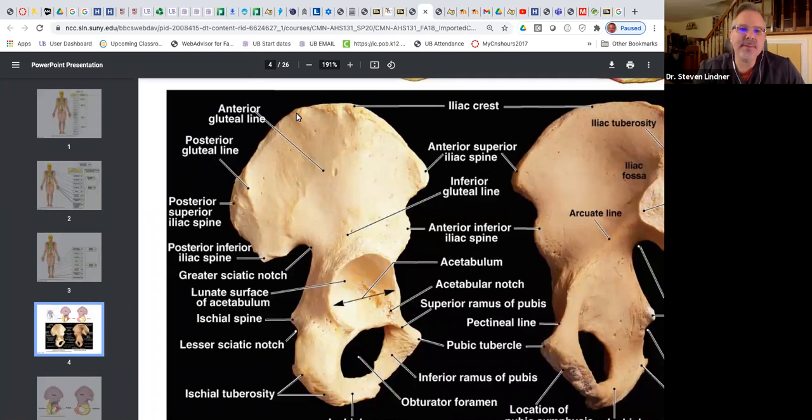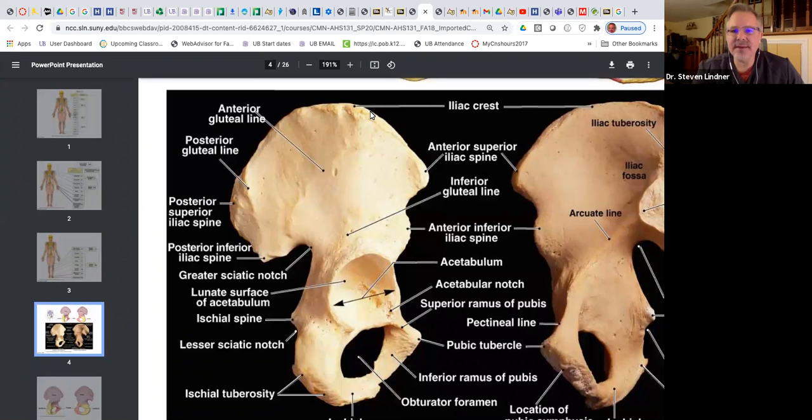And when you follow it posteriorly, it's going to take us to this little bump. And these prominent structures in the front and in the back have unique names. The bump in the front, since it's in the front and it's on top, is called the anterior superior iliac spine. If we go to the back, there's a posterior superior iliac spine.